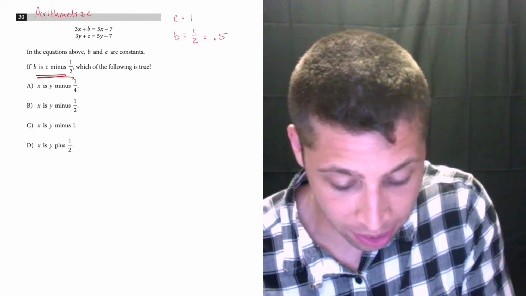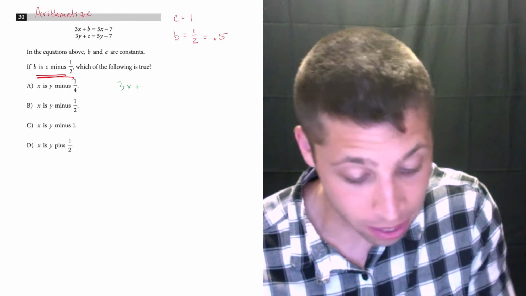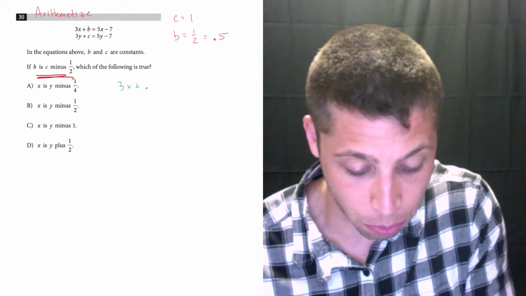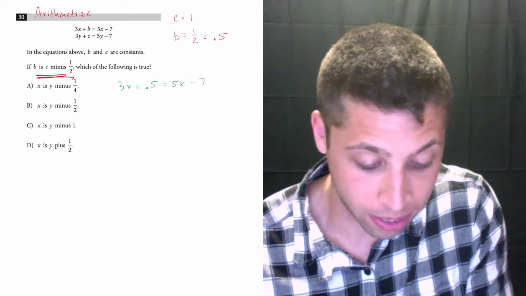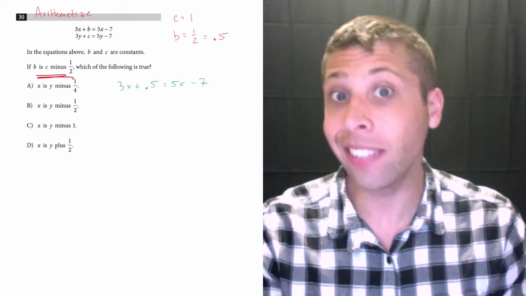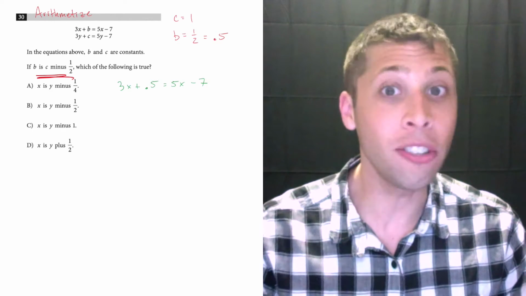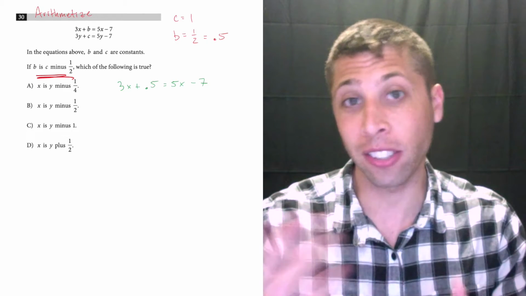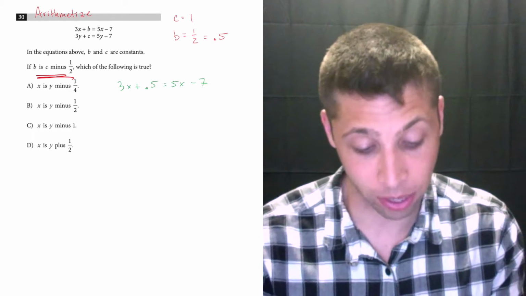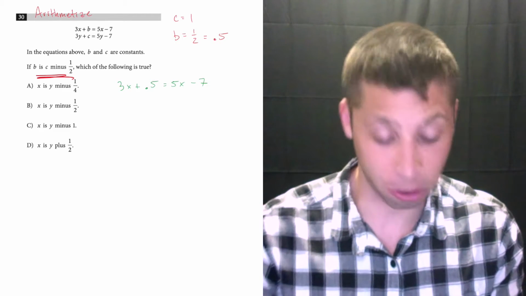So let's take our first equation. That's 3x plus b. So we said b is a half, so 3x plus 0.5 is equal to 5x minus 7. Well, we're going to need to do a little algebra here, but it's much easier algebra because there's only one variable, and we know that we can just solve using normal methods, right? So let's bring similar terms together.